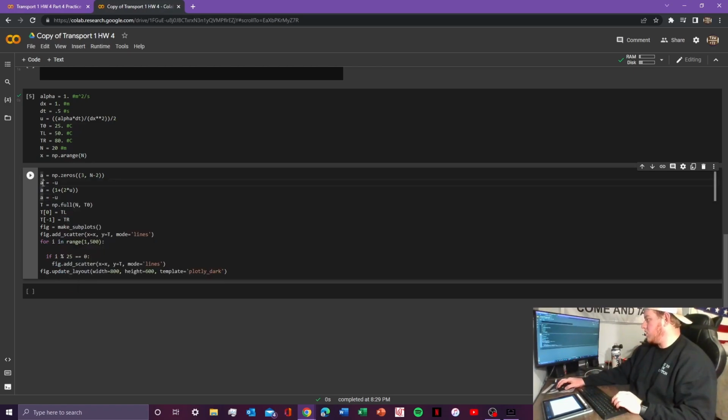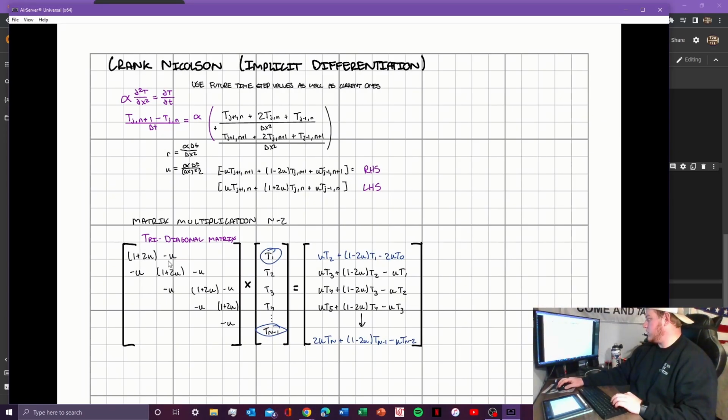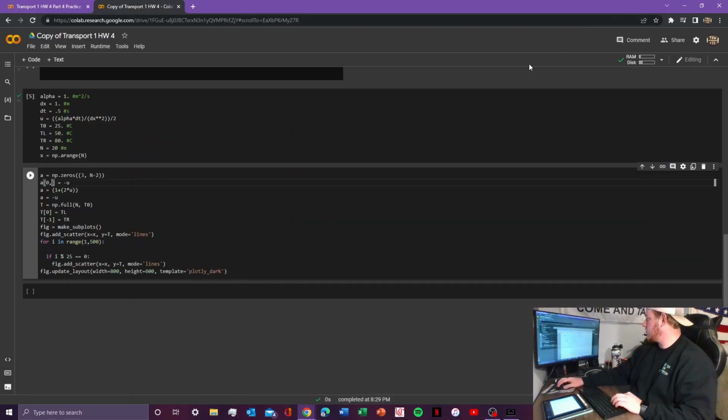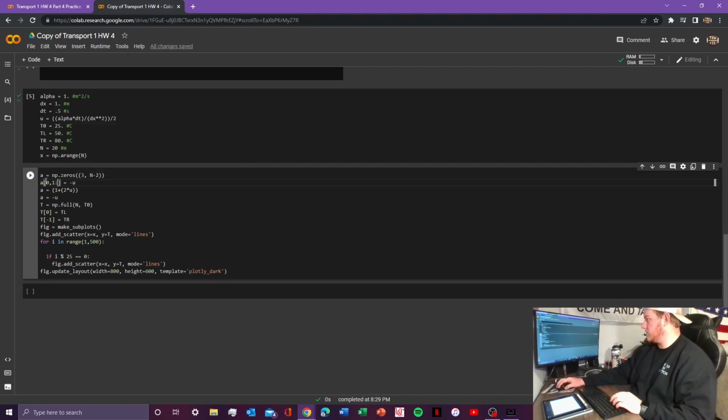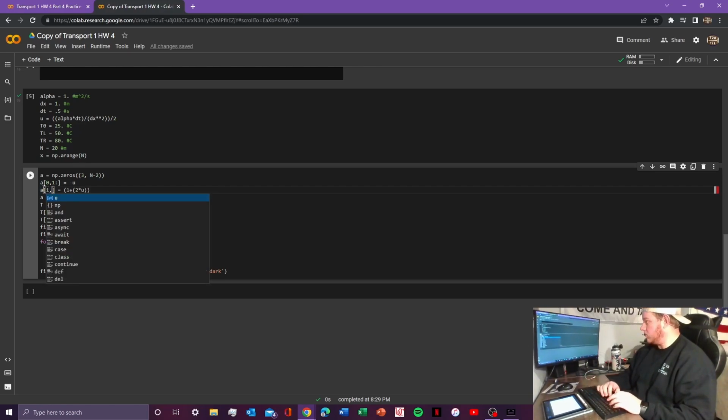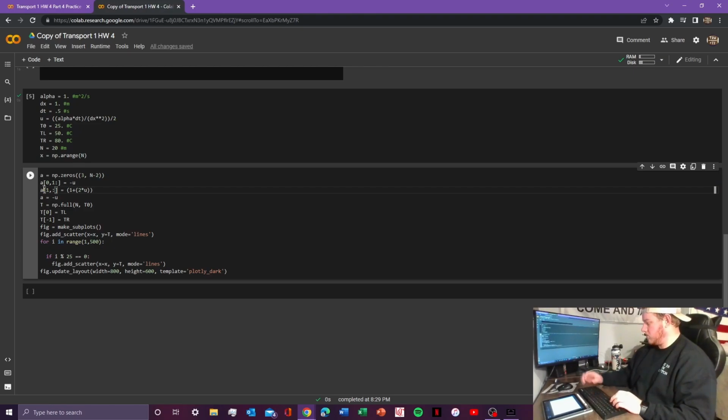Now, how were these in the matrix? The first diagonal starts on the second column and goes all the way through, so that is starting at 1 to the end. That's what that means right there. The second diagonal is all of them.